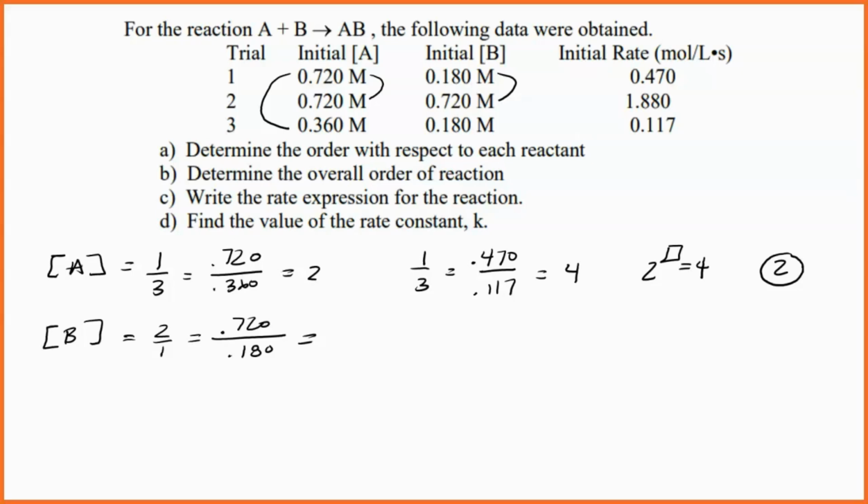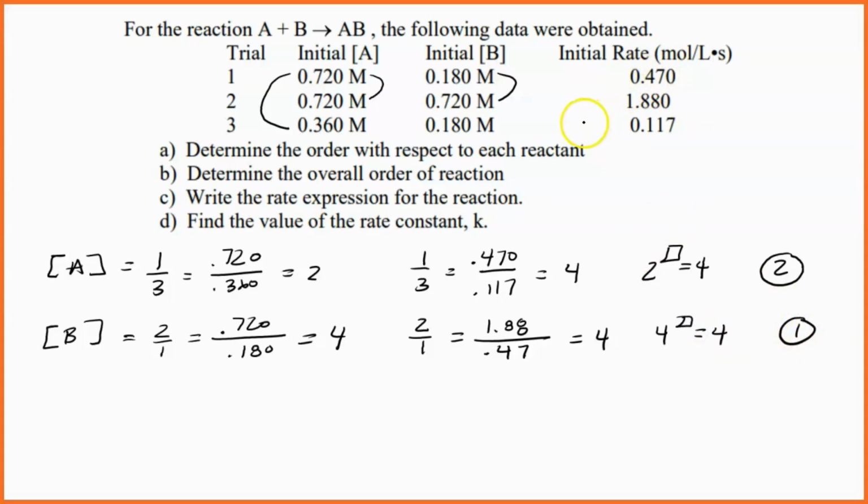So that comes out to 4. And I'm going to compare my rates in the exact same order. The rate of 2 is 1.88, and the rate of 1 is 0.47. So 4 to what power equals 4? So the order of B is 1.